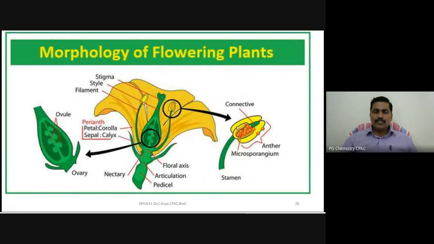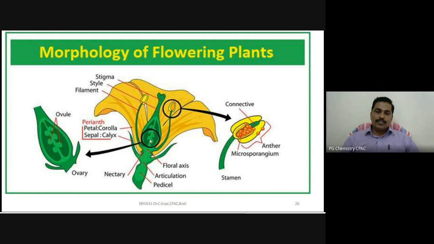Okay, coming to the morphology of the flower, you must be very careful hereafter because all the characters come under the description of the family. So when you see the flower, you must remember all those characters. See, the female reproductive part is called the gynoecium.